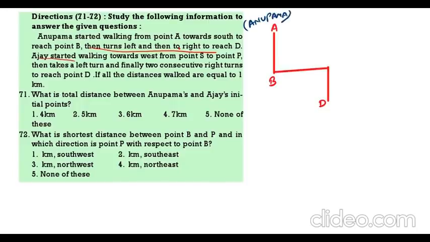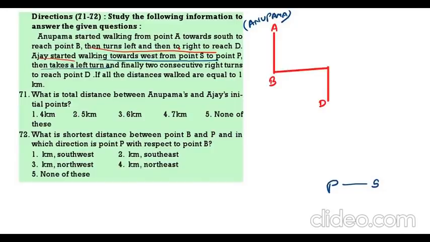Now Ajay started walking towards west from S to reach P, then takes a left turn and finally 2 consecutive right turns. See, first you draw it roughly.